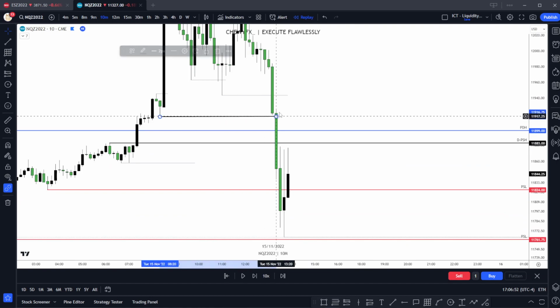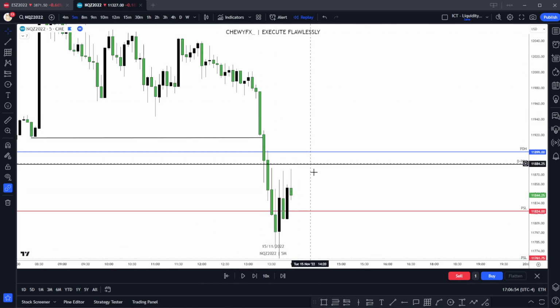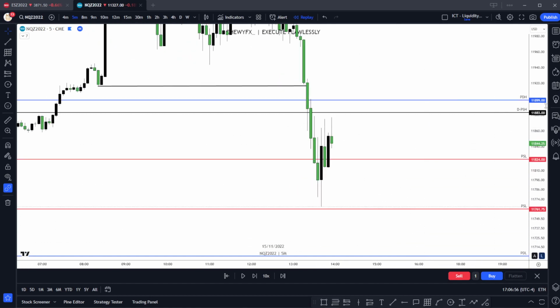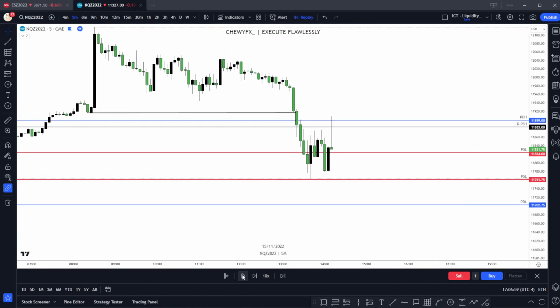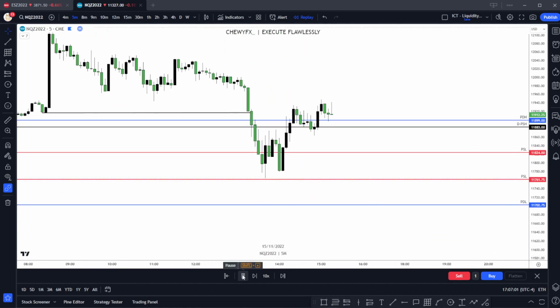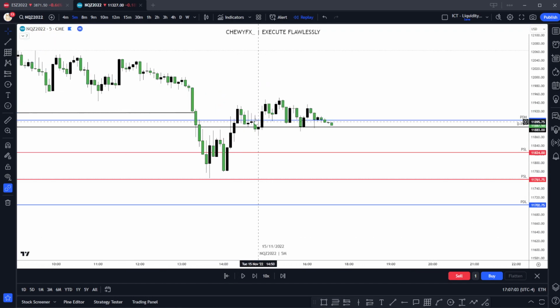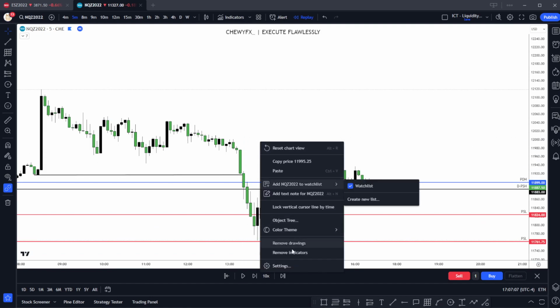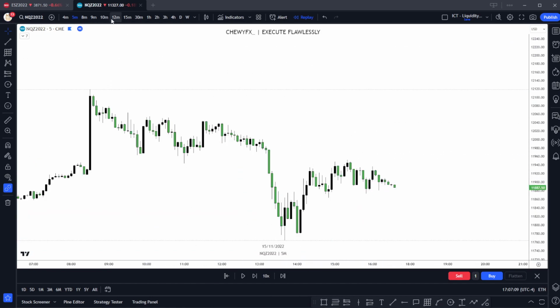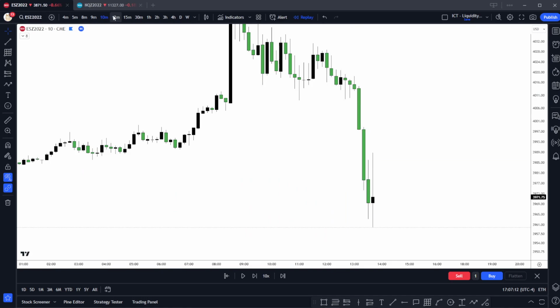So we have our market structure shift there. If we go to the 5-minute time frame, yeah, it's kind of looking like it's going to be the same story. Oh, actually, this is even worse. It did nothing. Okay, so no entries for Tuesday. Let's take a look at Wednesday.